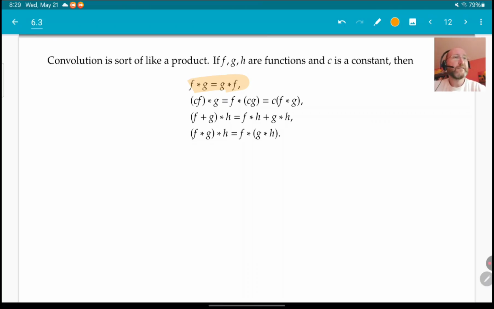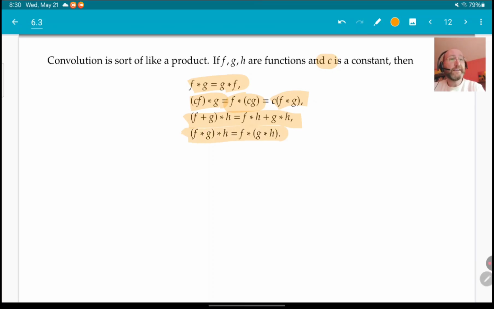If I multiply by a constant, so c times f star g is the same thing as multiplying g by a constant, or taking a convolution and then multiplying by a constant. I have the distributive law: f plus g star h is f star h plus g star h.